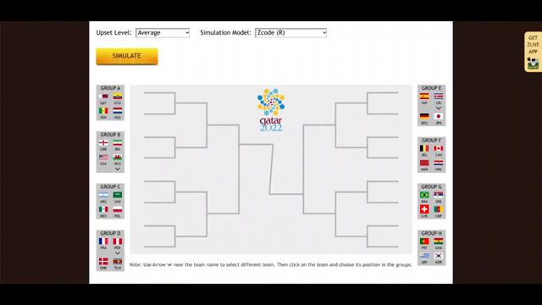Keep in mind, Brazil has been the favorite to win the World Cup for the last two editions of the tournament, which they did not win. In 2014, they were the favorites going in, but they lost in the semifinals to Germany, who went on to win the tournament. And in 2018, they lost in the quarterfinals after being the pre-tournament favorite. They were knocked out as France went on to win the tournament.